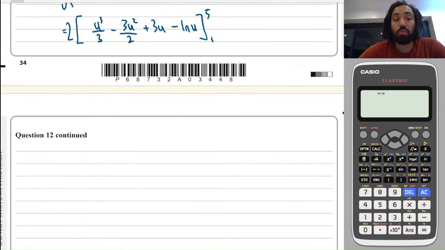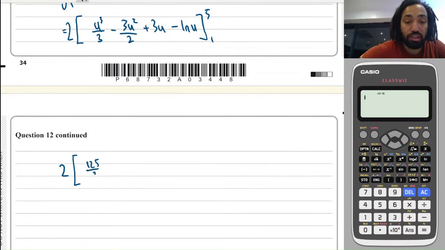Okay, and now we substitute into our brackets, into our u. So I'm going to get 2 lots of, and I'm going to get 125 over 3. I'm going to get 25 times 3, which is 75 over 2. I'm going to get 3 times 5, which is 15.